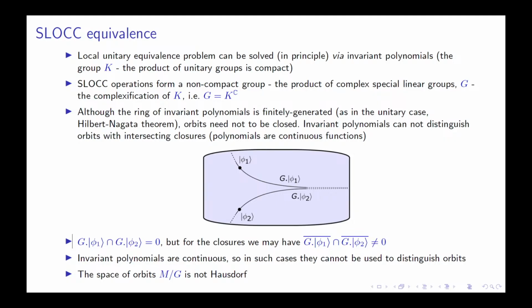Polynomials are continuous, so the orbits do not intersect, but nevertheless the closures may intersect.